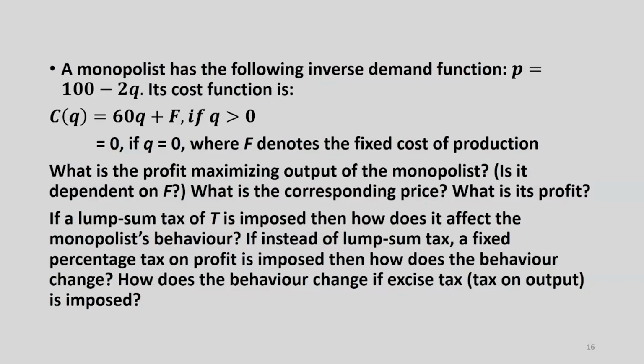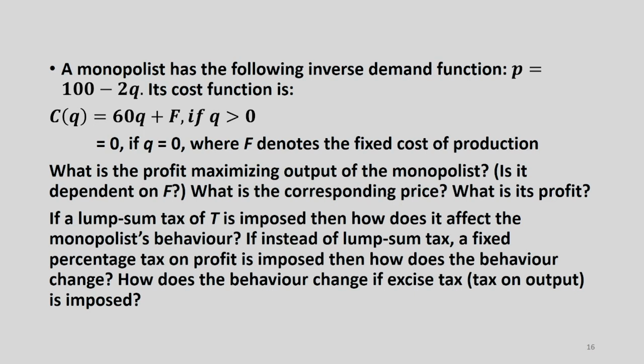All right. Another problem related to a monopoly market, but this has something to do with the government as well. A monopolist has the following inverse demand function: P is equal to 100 minus 2Q. The cost function is C(Q) is equal to 60Q plus F if Q is greater than 0, and is equal to 0 if Q is equal to 0, where F denotes the fixed cost of production.